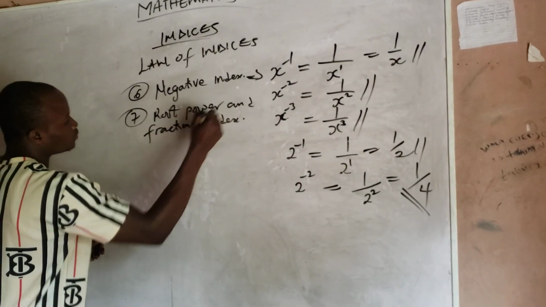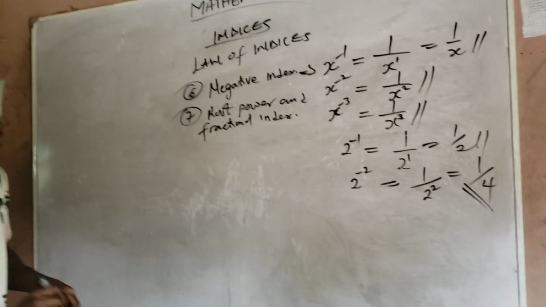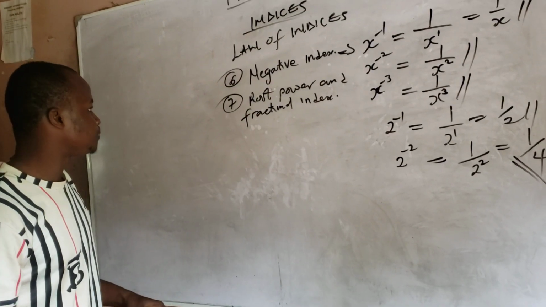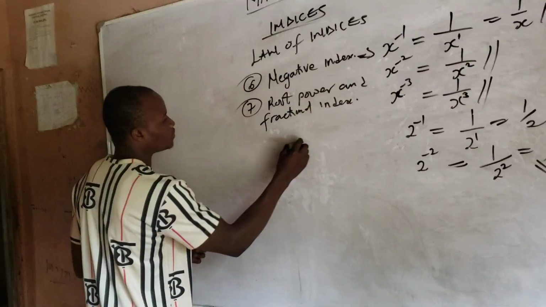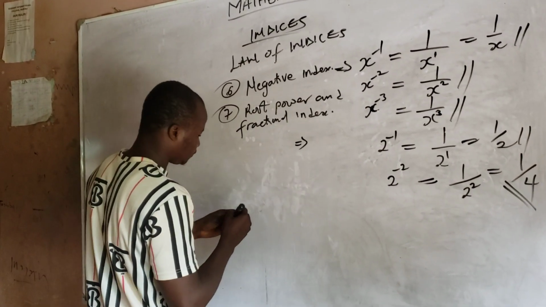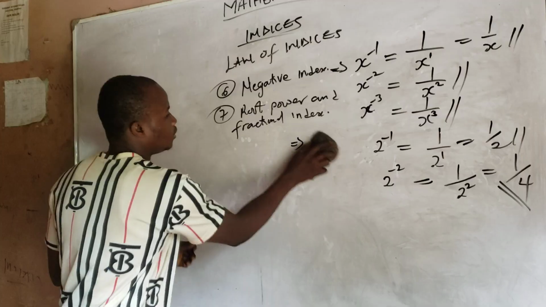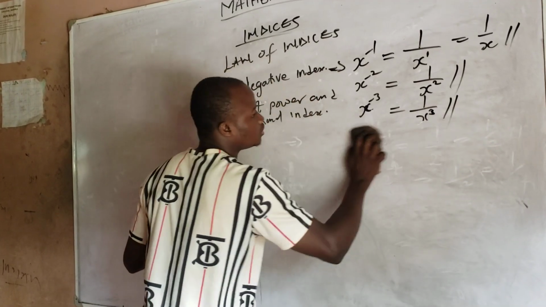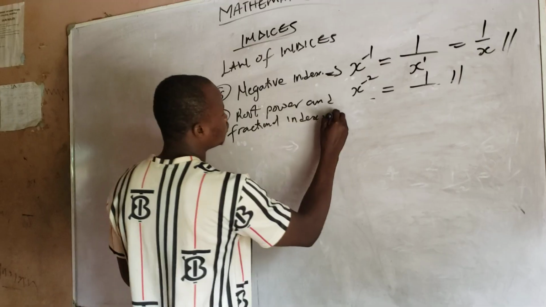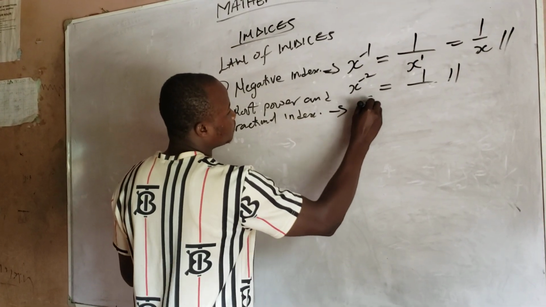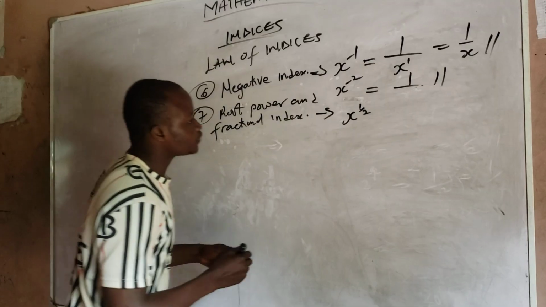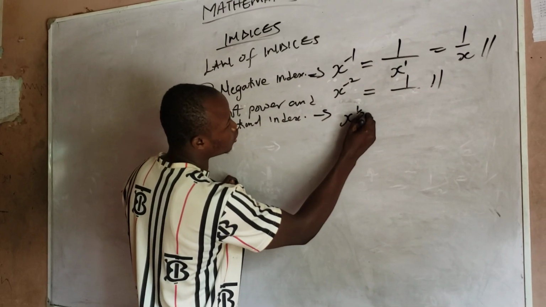Now, what is this law telling us? Whenever we have something like x raised to the power 1 over 2, it's telling us about the denominator.